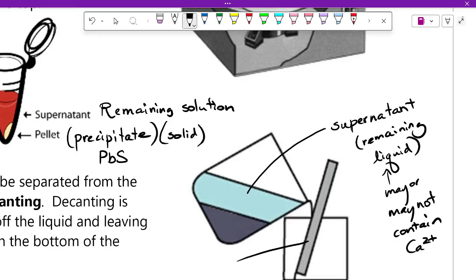This thing here is a glass stirring rod. And we pour the liquid down the glass stirring rod.